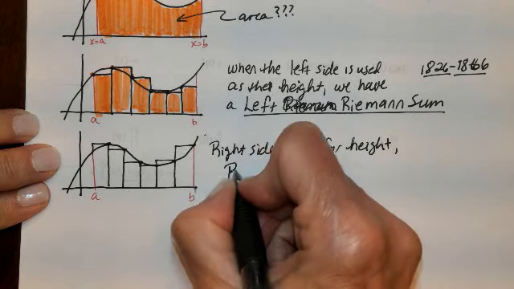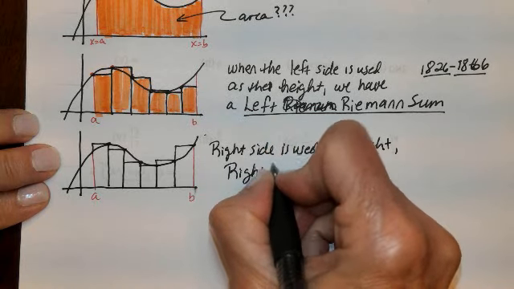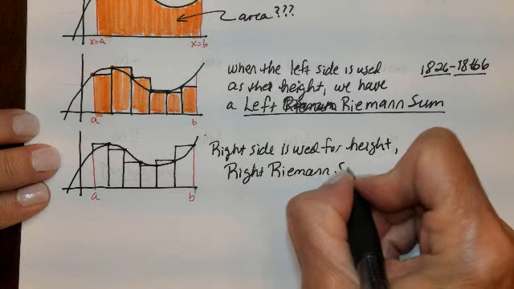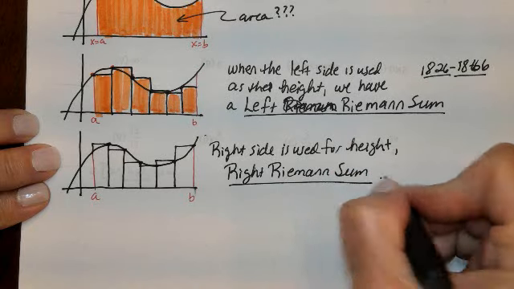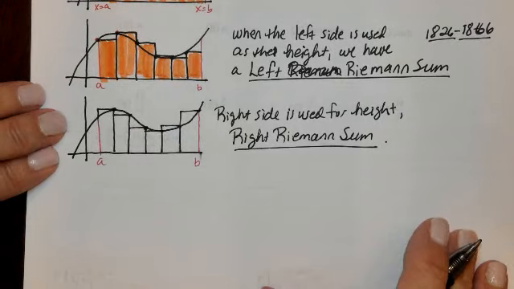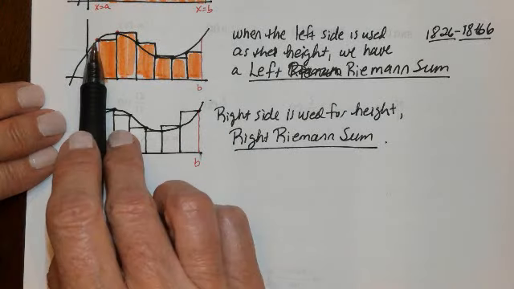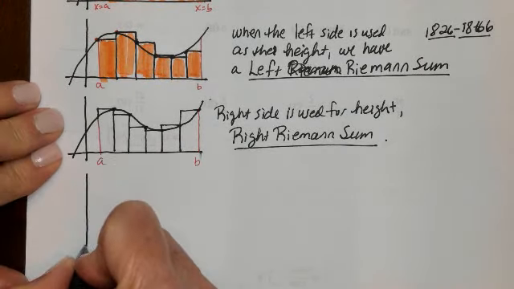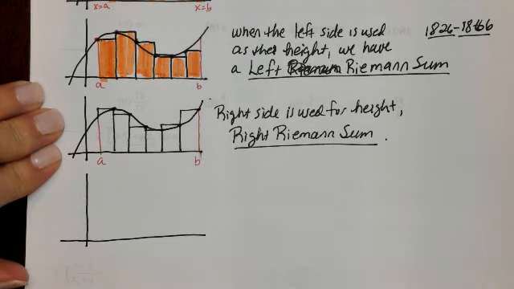We have a right Riemann sum. All right. So we could use the left-hand side. We could use the right-hand side. There's also another way that we could form these rectangles.